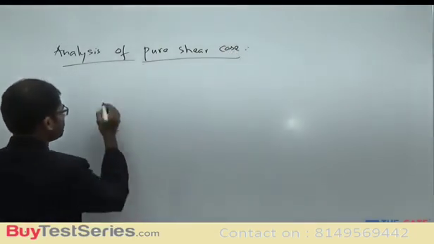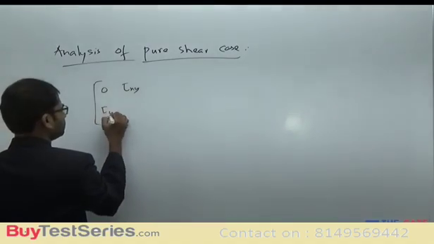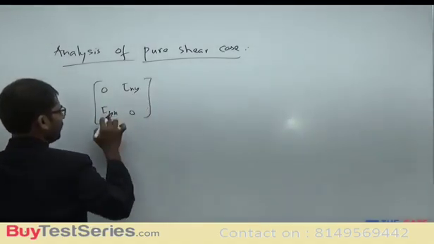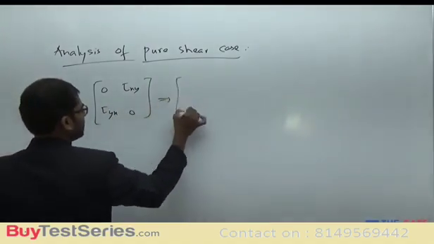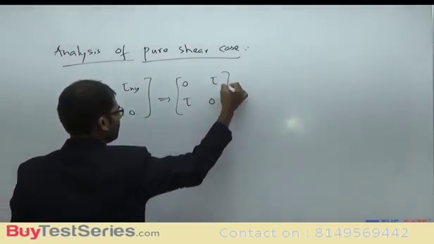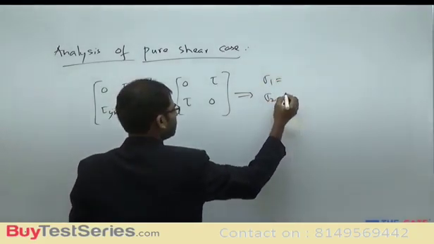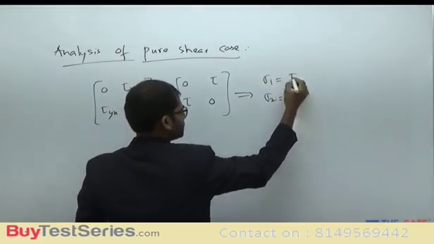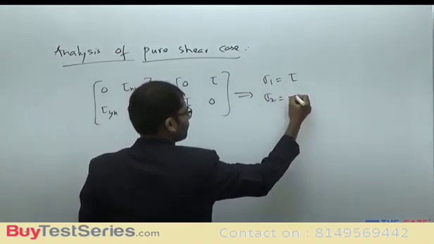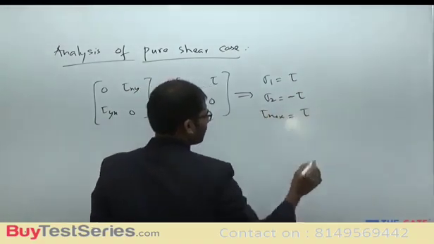Pure shear case means that the loading condition gives rise to only shear stresses: 0, tau xy, tau yx, and 0 here, where the parameters tau xy and tau yx are both the same, so I'll denote it by tau itself. For this loading case, if you find the principal stresses, sigma 1 is equal to tau, sigma 2 is equal to minus tau, and you'll get tau max as tau itself.